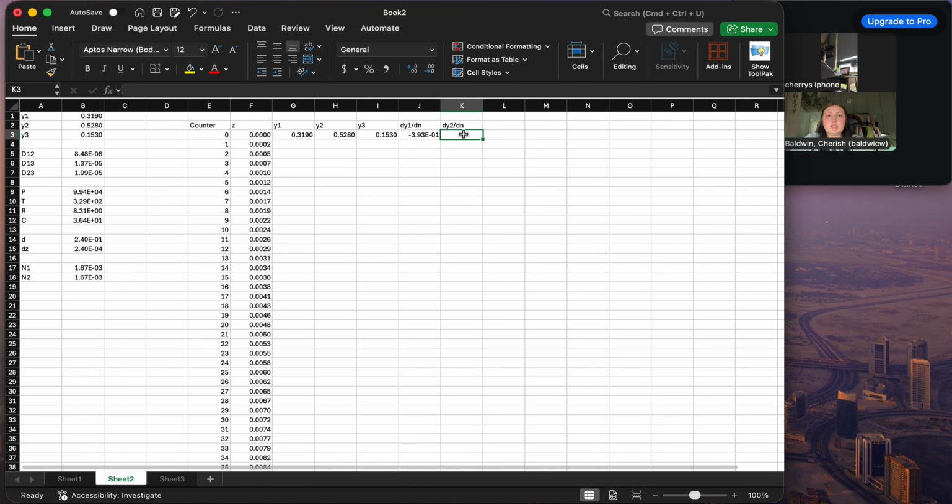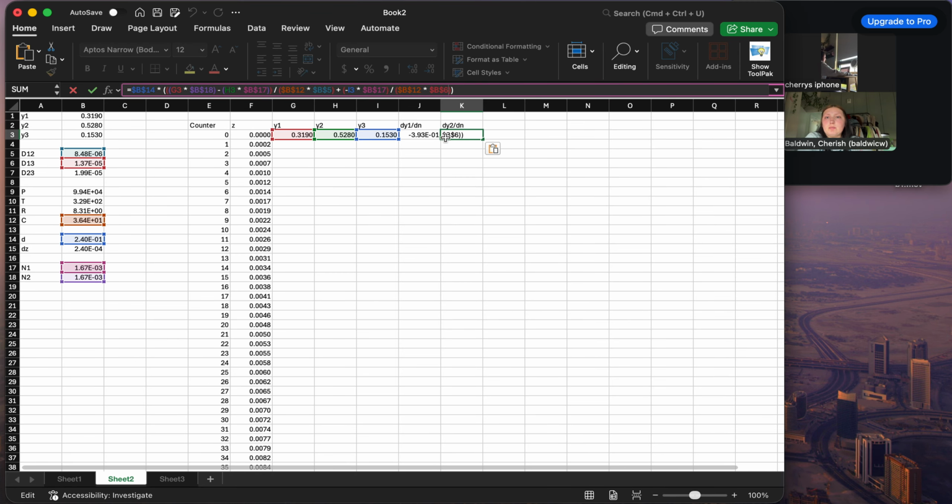Alright, so it's basically the same equation, but instead of B6, it's that change times the concentration, B17. These are flipped.